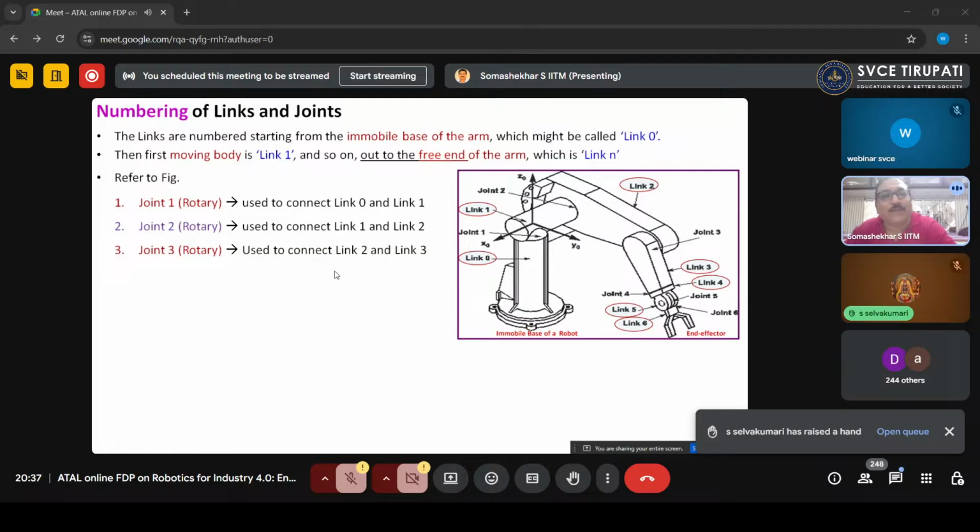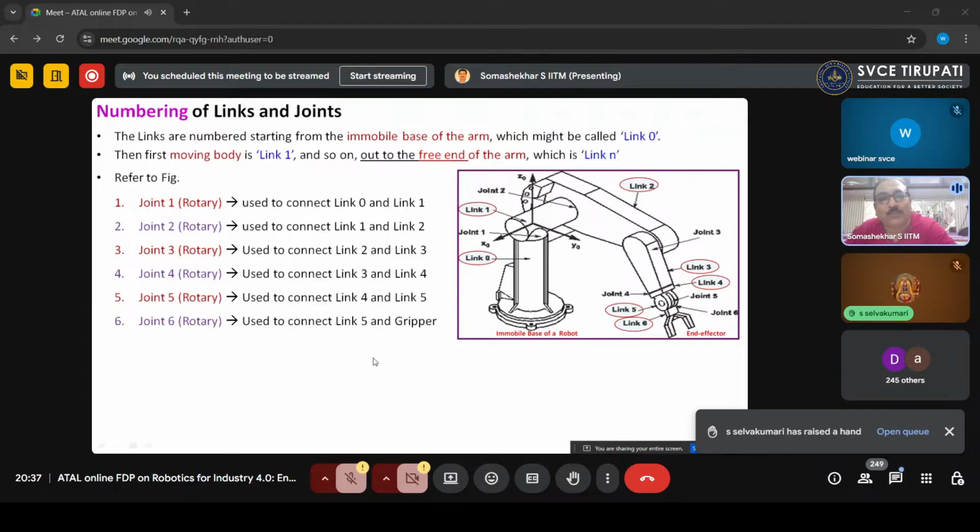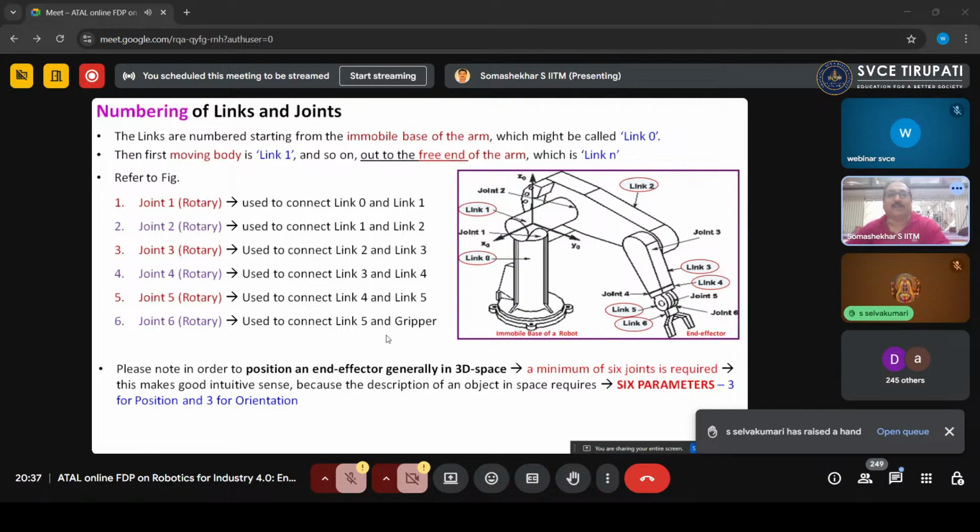Similarly, joint 3, again a rotary, is connecting between link 2 and link 3. Correct? Joint 4, again you will see, connects link 3 and link 4, and so on. It is moving towards the end effector.